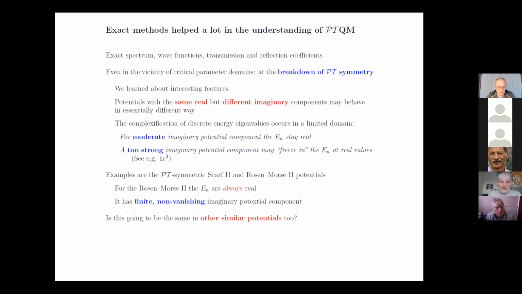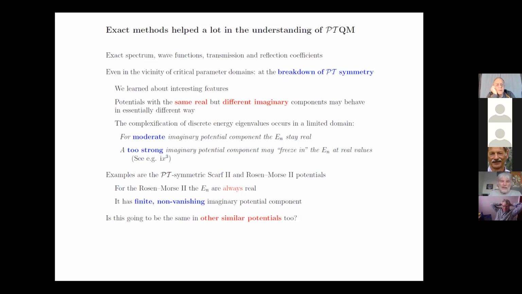Okay. There are also some interesting results that if we are not too far away from the Hermitian settings, so we have a moderate imaginary potential component, then the energy eigenvalues tend to stay real. So it is close to the Hermitian situation.